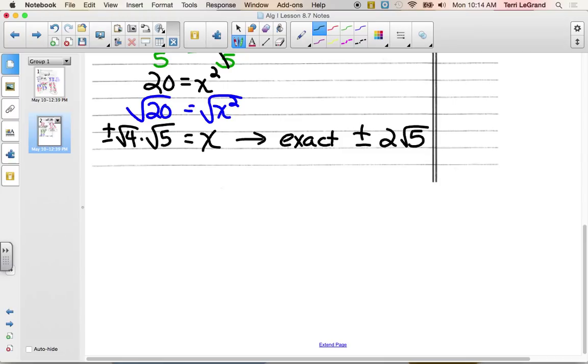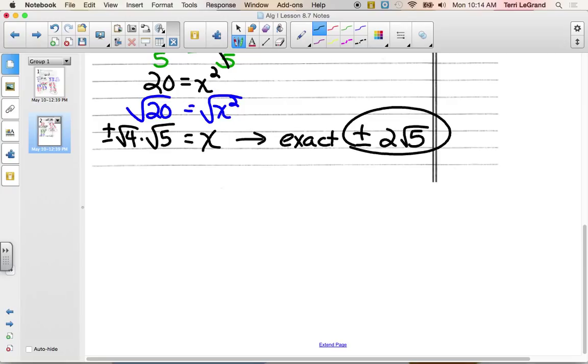A positive or negative 2 radical 5. That's what we call our exact answer in simplified radical form. We simplified it by dividing out that perfect square of 4 and taking its square root.